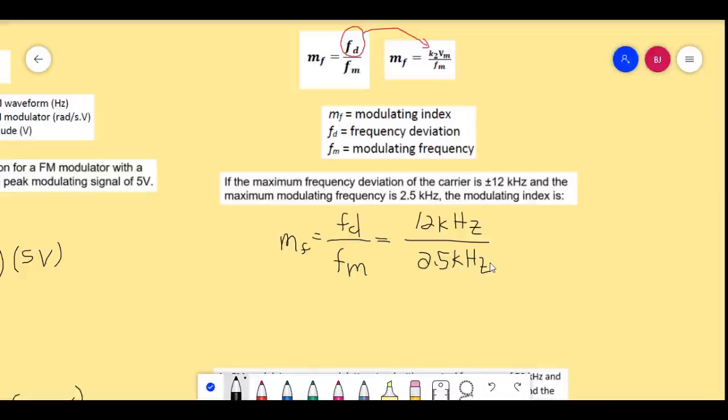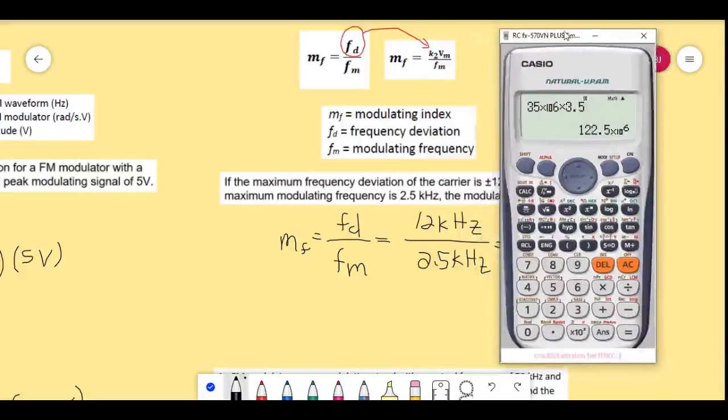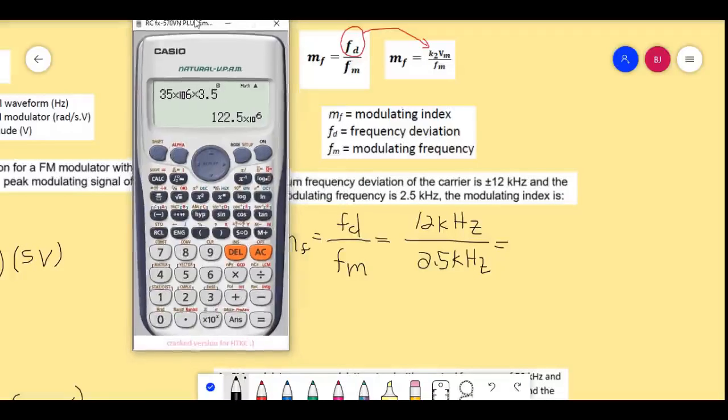But if you want to be sure, you can still put in the prefix on your calculator, as two prefixes of different magnitudes can't be divided or multiplied directly, as, remember, they are representing different exponents of 10.